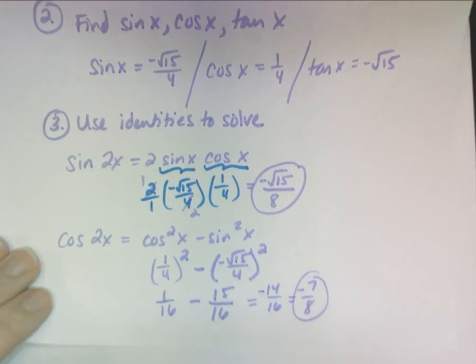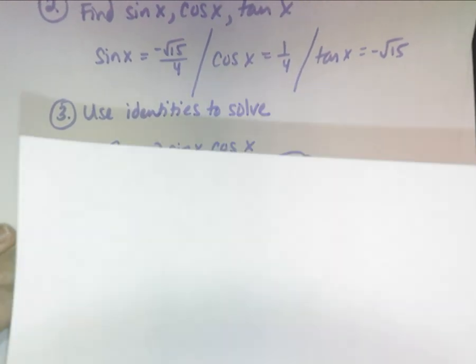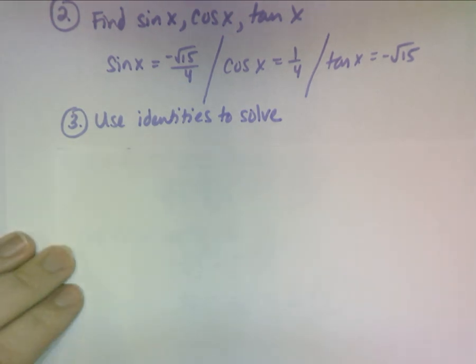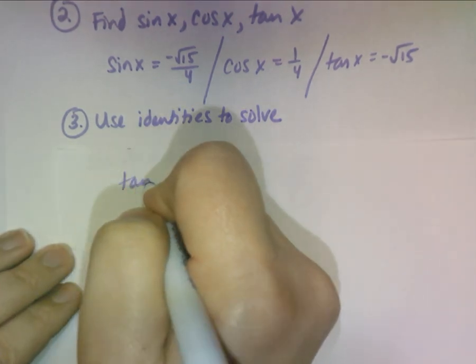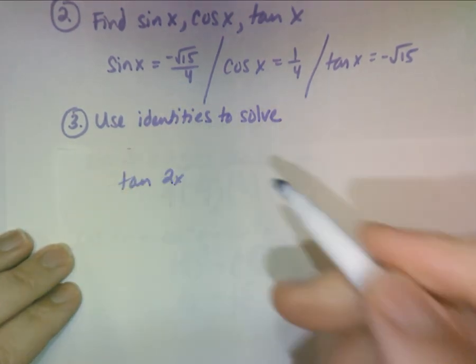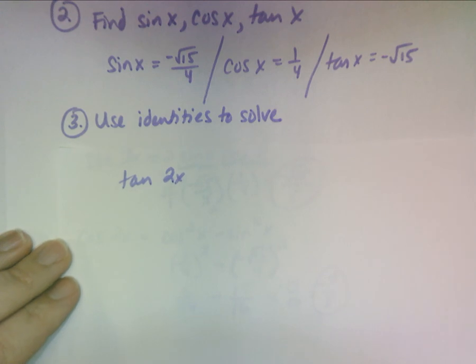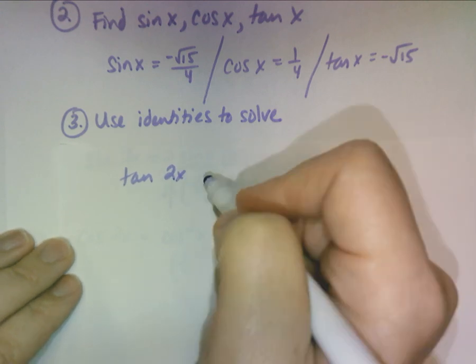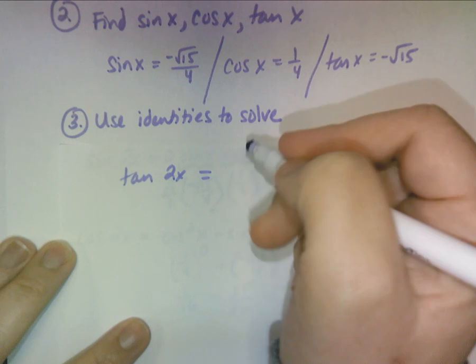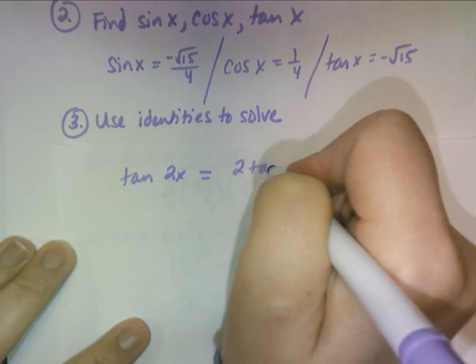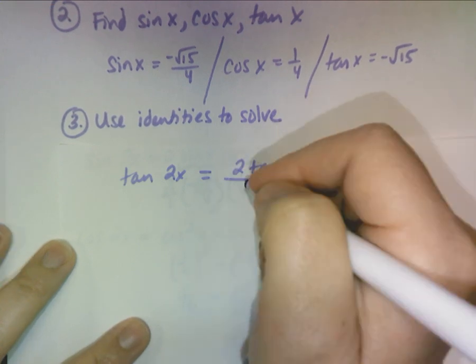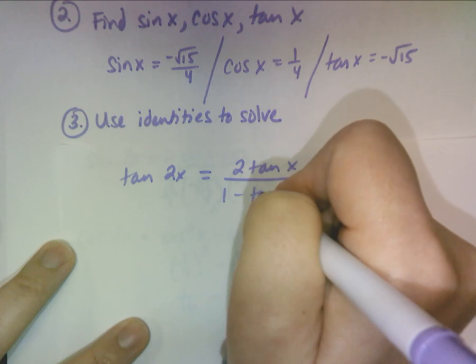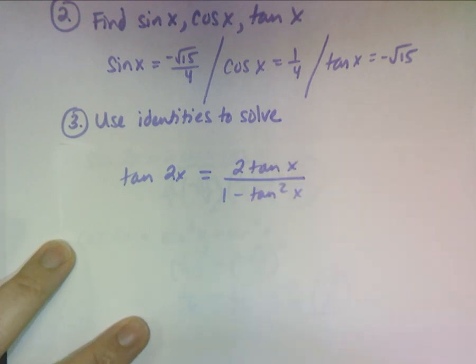All right, and then my last one, let's find tan of 2x. So tan of 2x, the formula, again, look in your notes, is 2 tan x over 1 minus tan squared x.